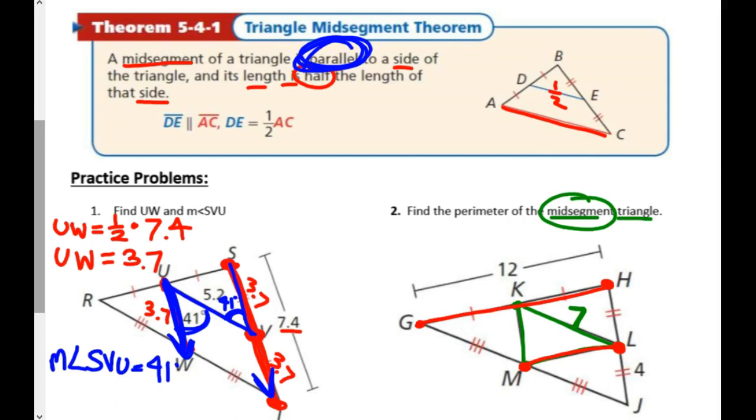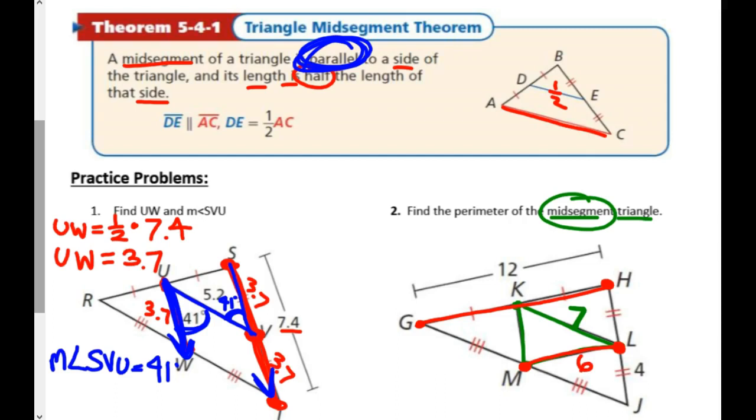So what did we say about mid-segments? They are what fraction of the parallel side? 1/2. So just like we did on number 1, if we're going from the big segment to the parallel mid-segment, we just got to divide by 2, or find 1/2 of it. Okay? So again, from G to H is 12, so M to L is 6.